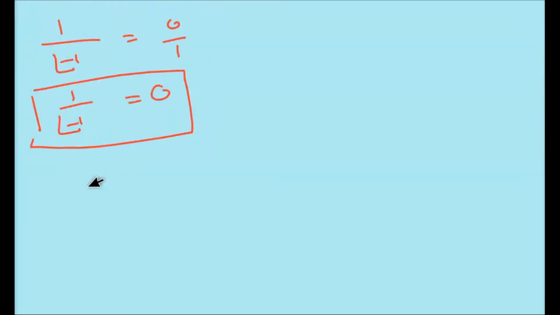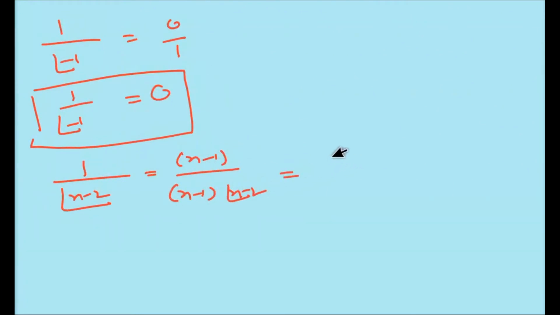Okay student. Similarly, if we take 1 upon factorial n minus 2, we can multiply by n minus 1 and divide by n minus 1. What we get is n minus 1 upon factorial n minus 1. Now let us put n equal to 0.